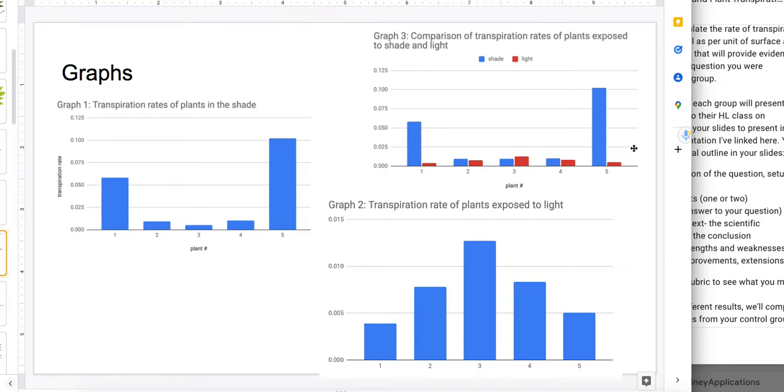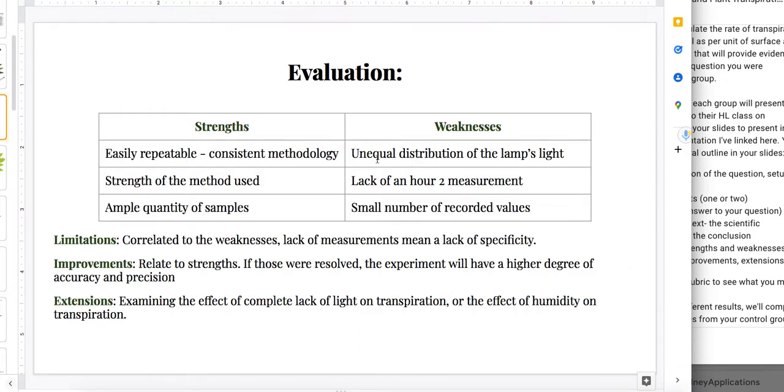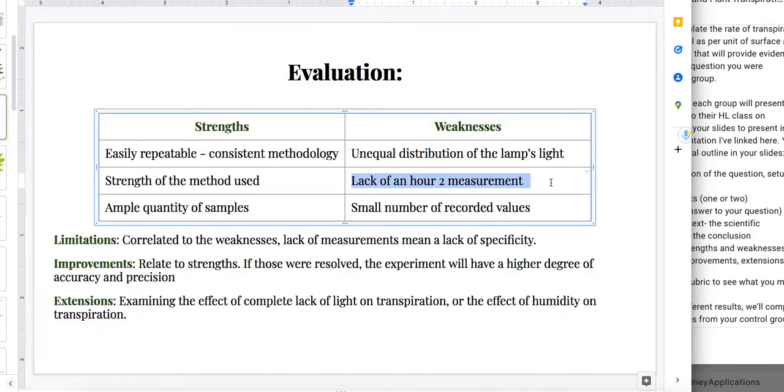Maybe you really would have wanted to see what happened with 10 in each condition. But there were some interesting ones, and here's where the creativity comes in. I'm curious what this means, small number of recorded values, but you could say we would want to see what happened over a 10-hour period of time instead of just 3 hours.